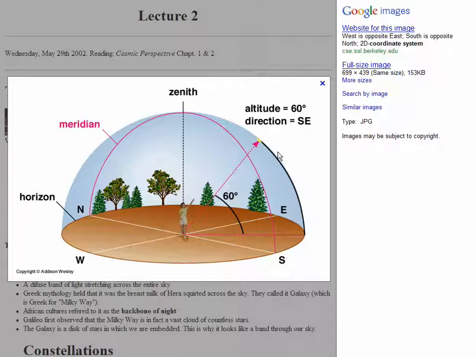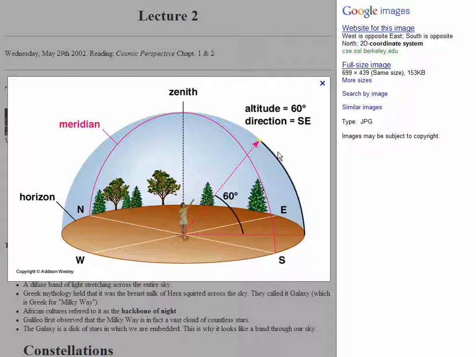Okay, a second coordinate system that we talk about is the local coordinate system, or local grid. This particular coordinate system is used for your own personal use. You wouldn't share these coordinates with somebody in England, for example, because this coordinate system is unique to your position.